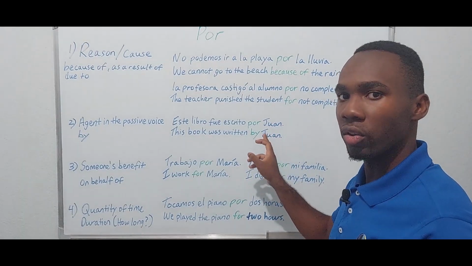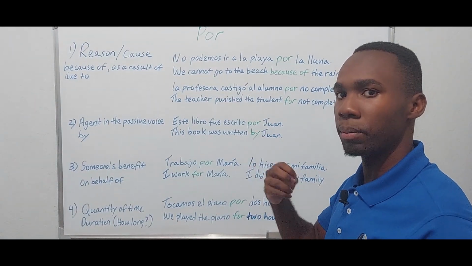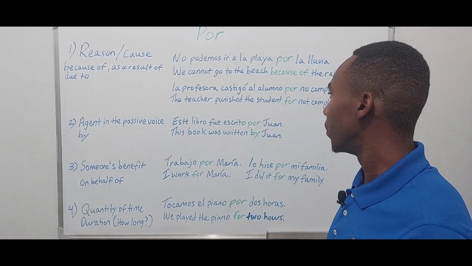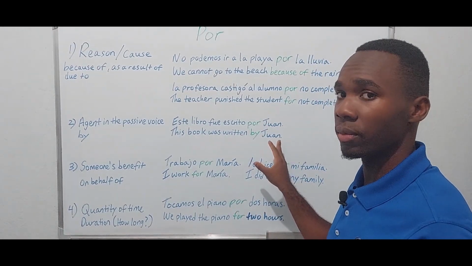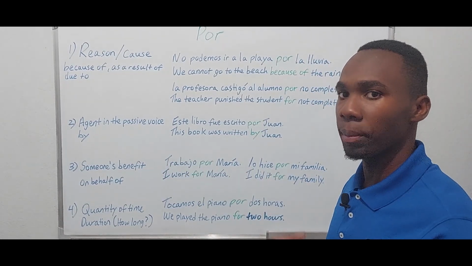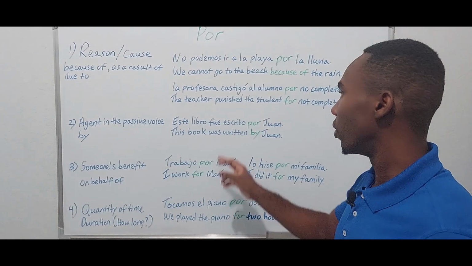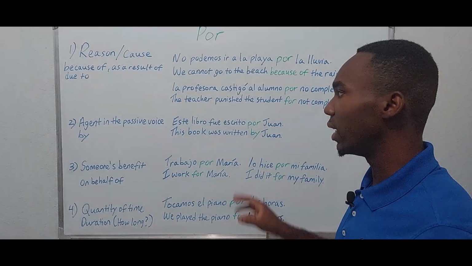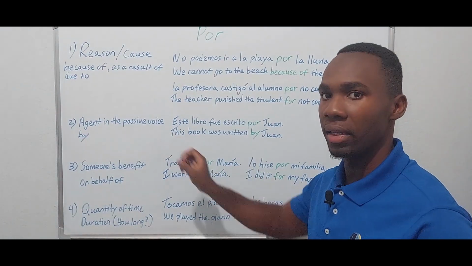So Juan is the author of the book. Juan is the person who performs the activity, right? But Juan is in object position. So this is what we call a passive construction, or the passive voice. So this means that this book was written by Juan. So in this case, por would mean "by."